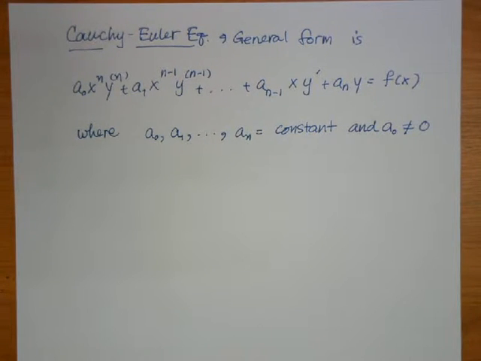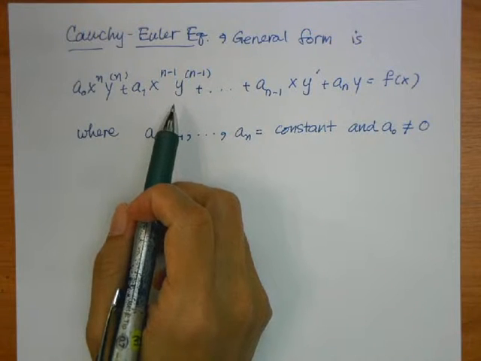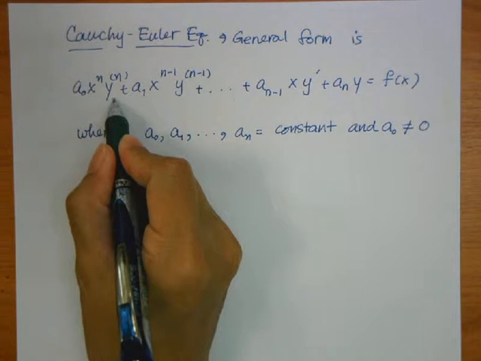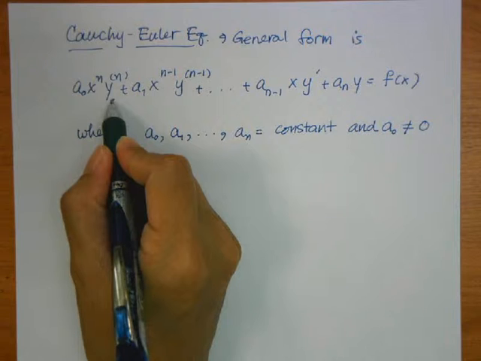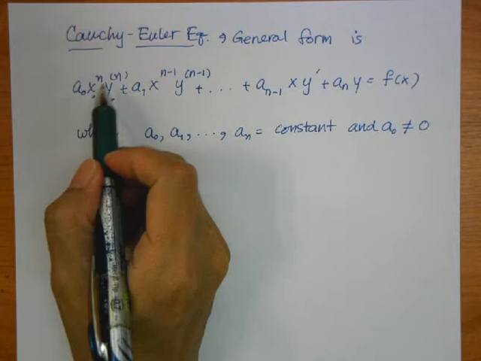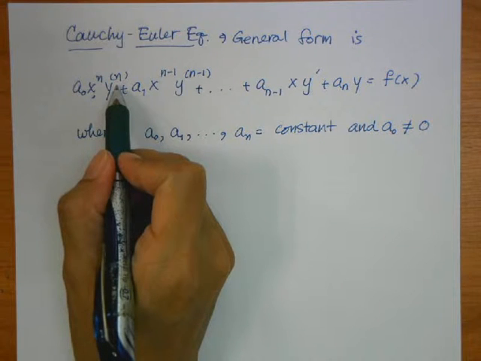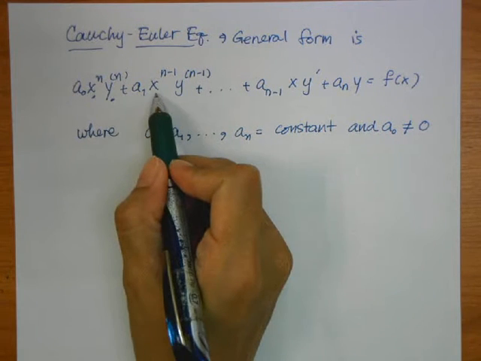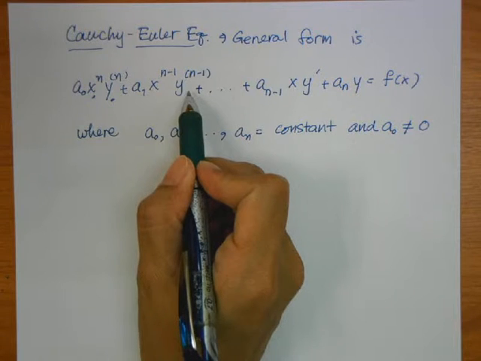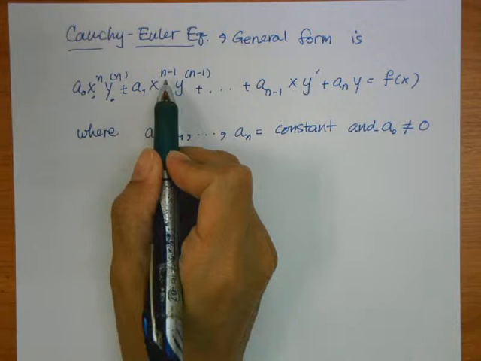Another thing is that this type of equation has a pattern. For example, if you take a look at this term, you have the nth derivative of y multiplied by x to the power n. So the power of x and the order of the derivative are the same. For the second term, you have the order n minus 1, so the power of x is again n minus 1.